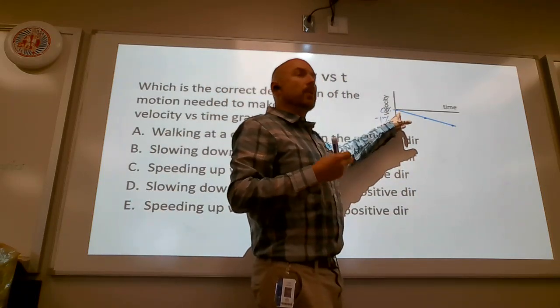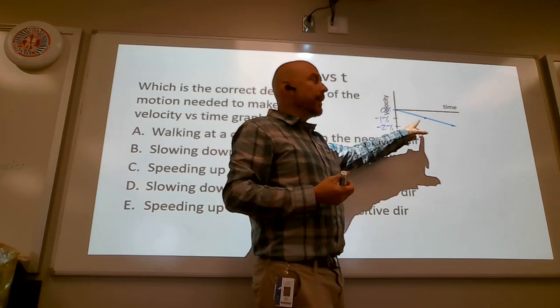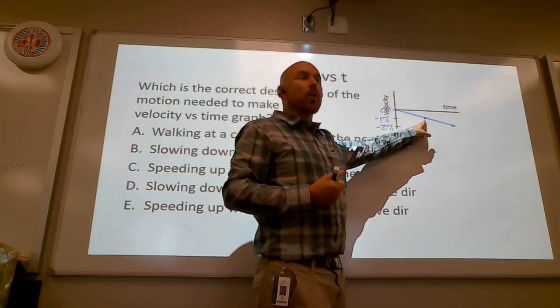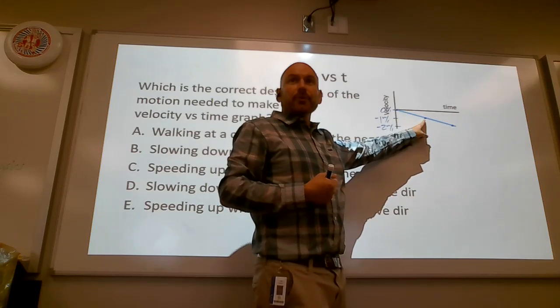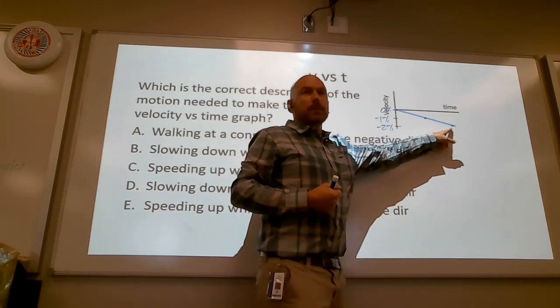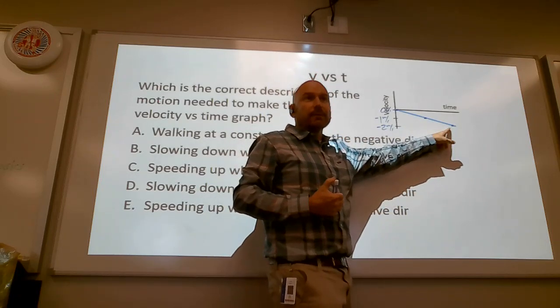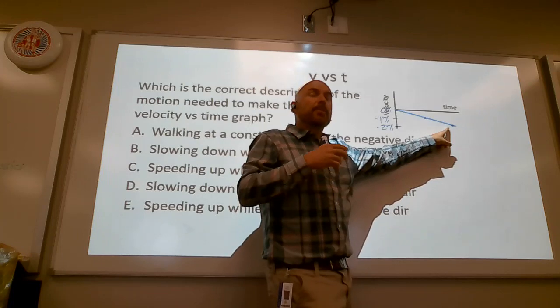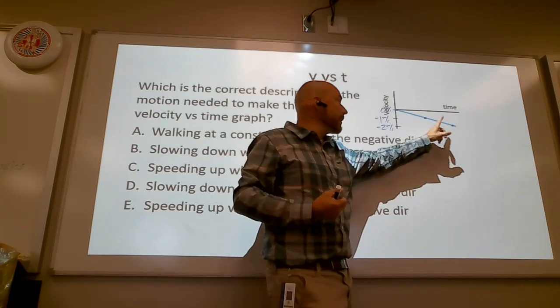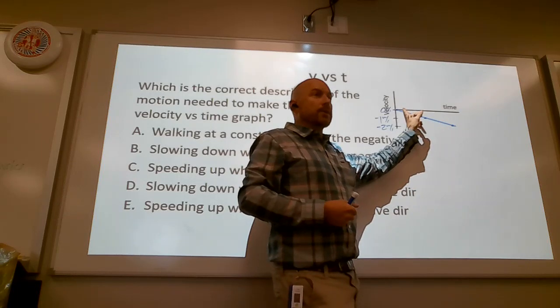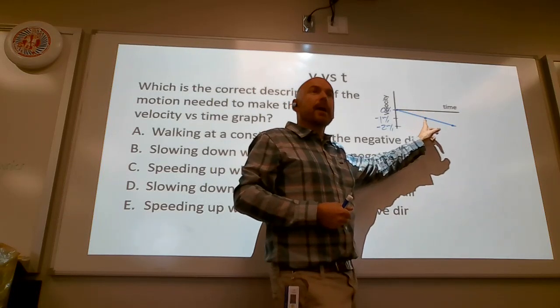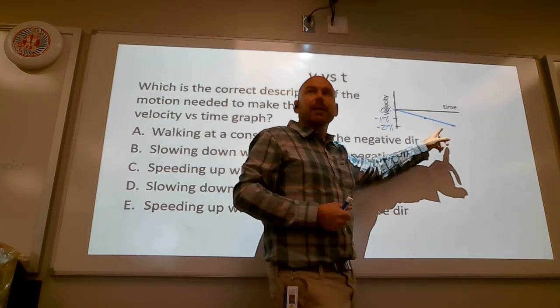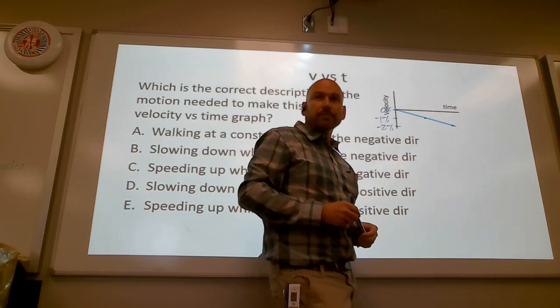Here, going 0 meters a second. Here, I'm going 1 meter per second in the negative direction. Here, I'm going 2 meters a second in the negative direction. And then put those together, connect the dots. Started at rest, I sped up, I'm getting faster and faster, all in the negative direction.